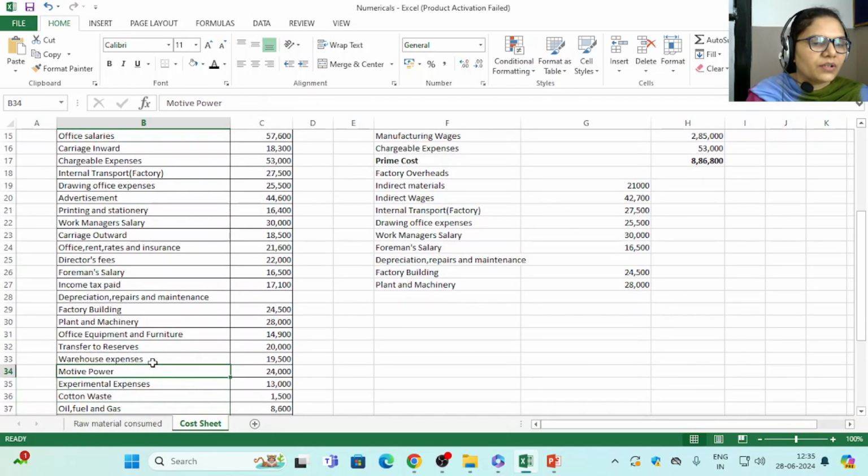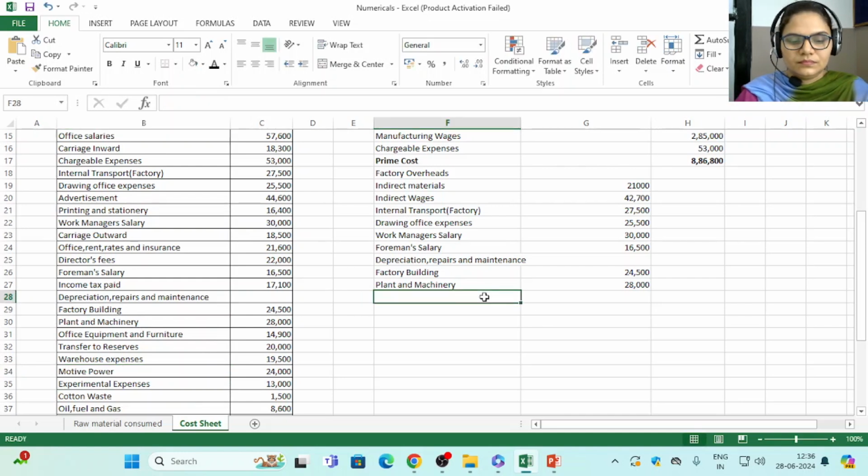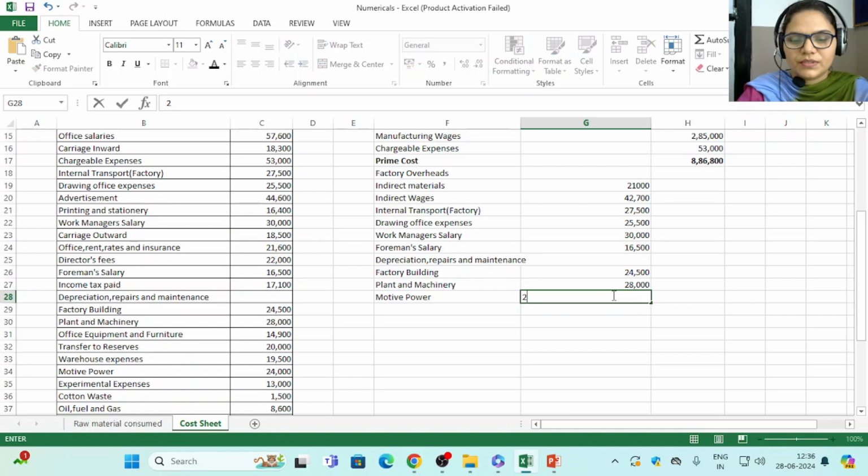Warehouse expenses are not shown in factory. Motive power is again related to machinery and production, so we will show it in your factory overheads, which is of value 24,000.